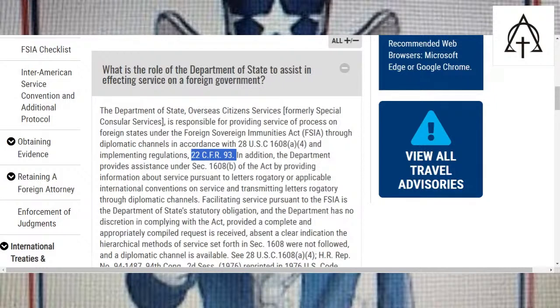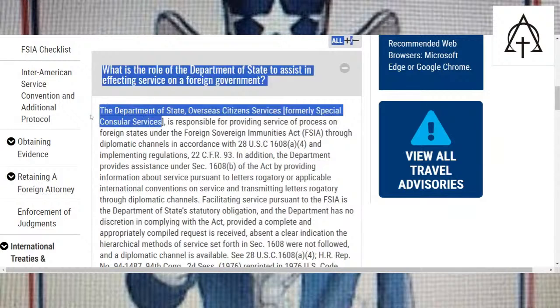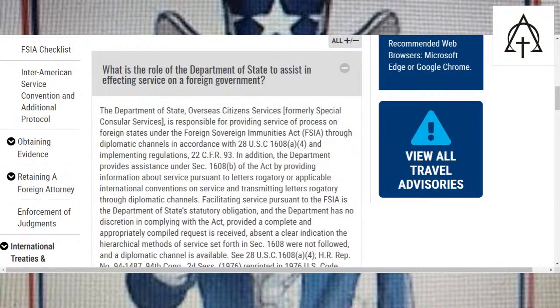It says Department of State oversees citizen services, formerly special consular services. And it says overseas citizen services here because they're trying to separate and say that everybody here is born in the United States.